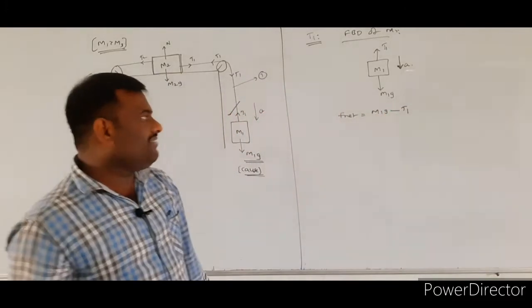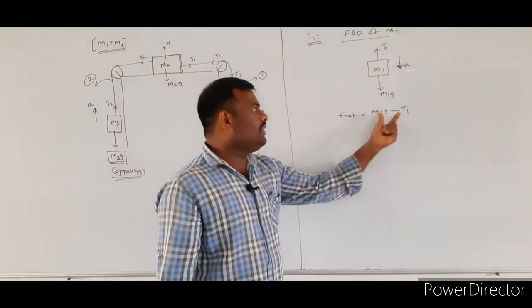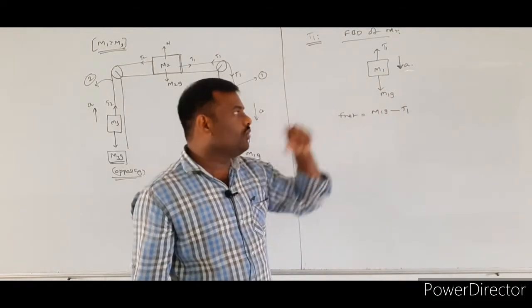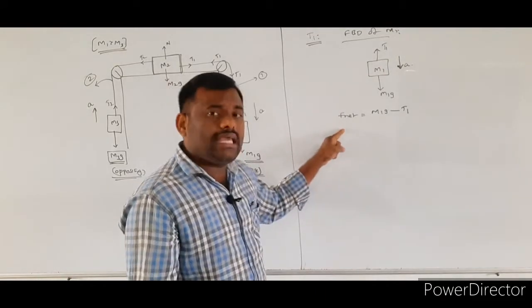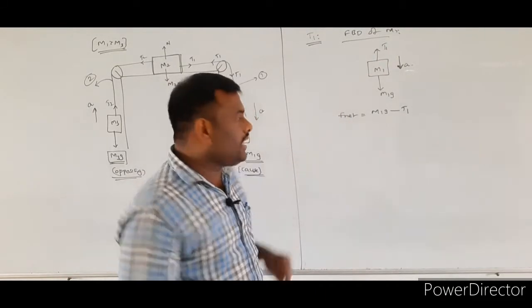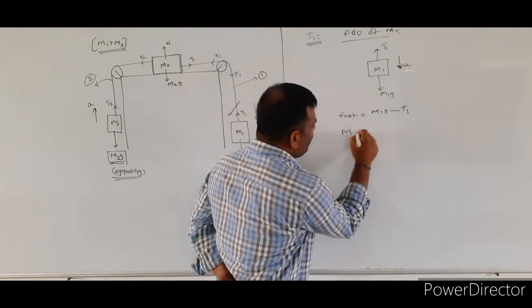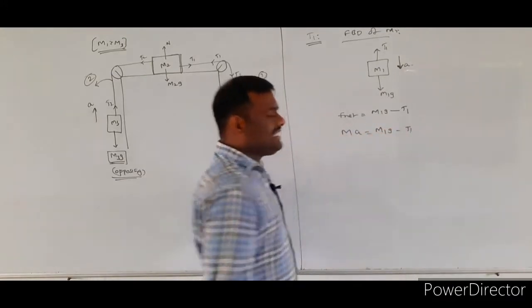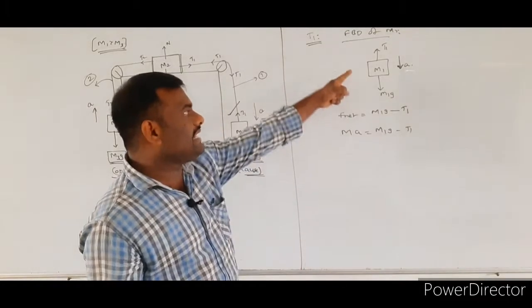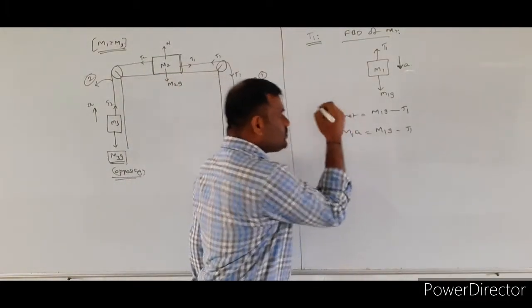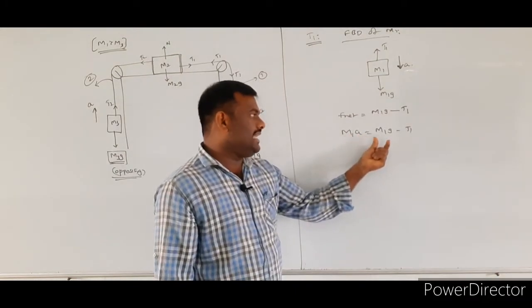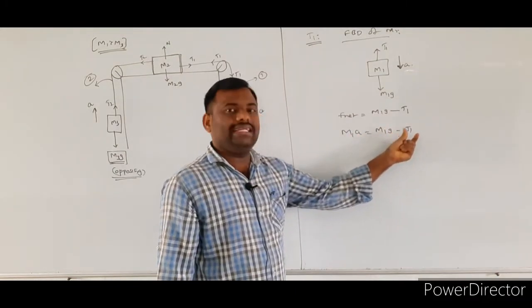I will write F net is equal to M1G minus T1. I want to calculate the value of T1 only. Again, F net according to Newton's second law is mass into acceleration, and that is equal to M1G minus T1. Which mass do we consider here? Mass M1. So F net is M1 into A, equal to M1G minus T1.